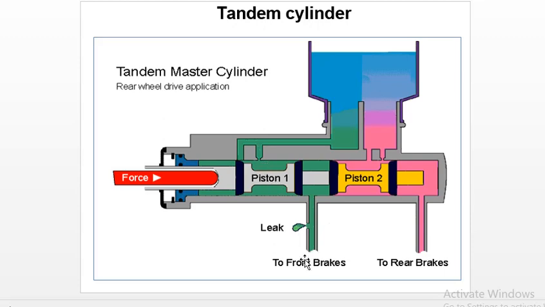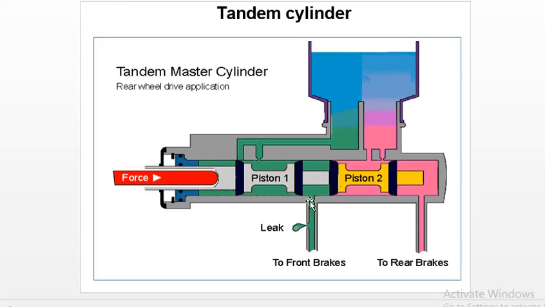So this tandem cylinder is used in the automobile brake system. This outlet is for the front brakes, and this is for the rear brake. Ultimately we need to apply the same force at the front brake and at the rear brake, so we need to generate a constant force.